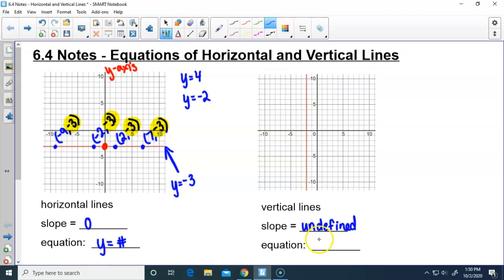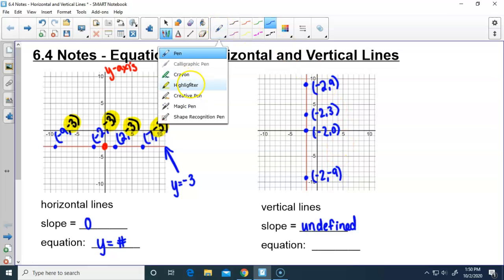Let's look over here at this vertical line. If we look at all the points on this vertical line, so I'm going to pick some randomly here, and if we look at the coordinates of those points, the coordinates of this point right here, this top point, is -2, 9. And right here we have -2, 3. Right here, -2, 0. And right here, -2, -9.